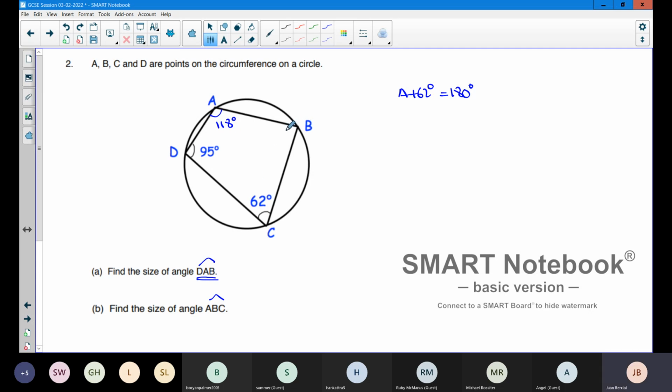And then to find B, you know that they all add to 360. So B is going to be 360 minus 118 minus 95 minus 62.